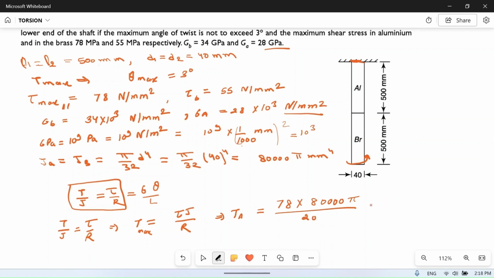So if you calculate this, then you will get torque in aluminium is equal to 980,177 Newton mm. Okay, this is torque in aluminium.